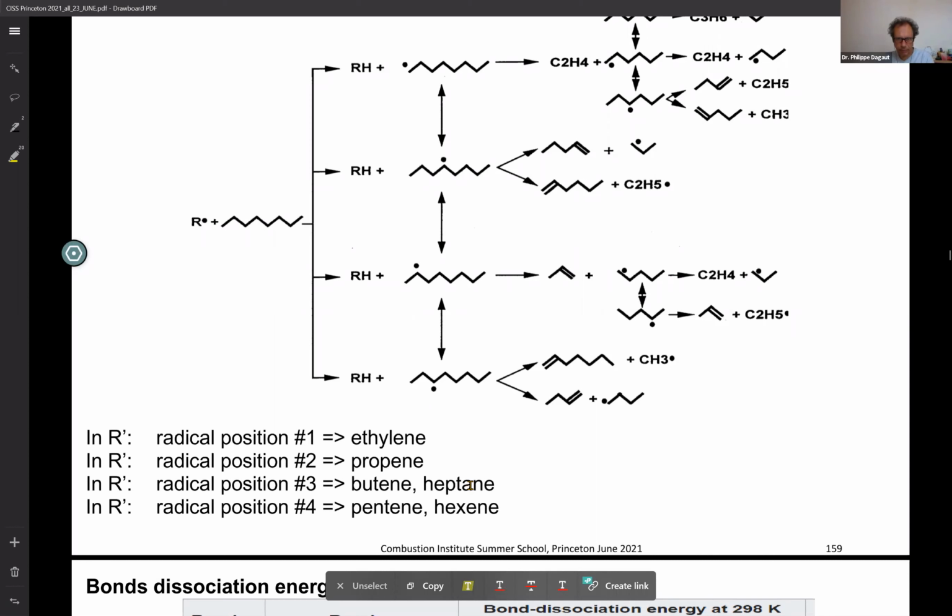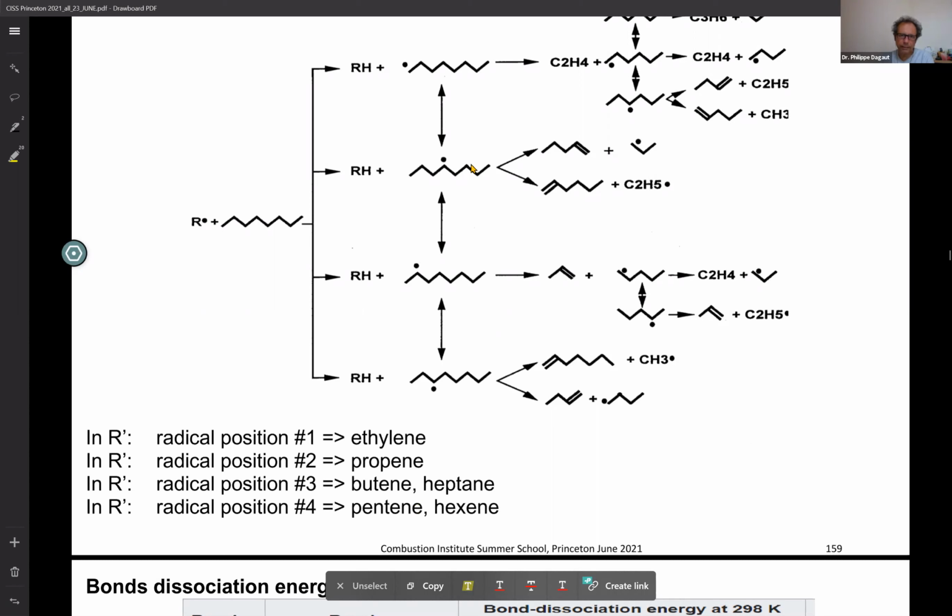I'm sorry, there is a mistake here, it's heptyl. And the radical in position 4 will produce pentene and pentyl.